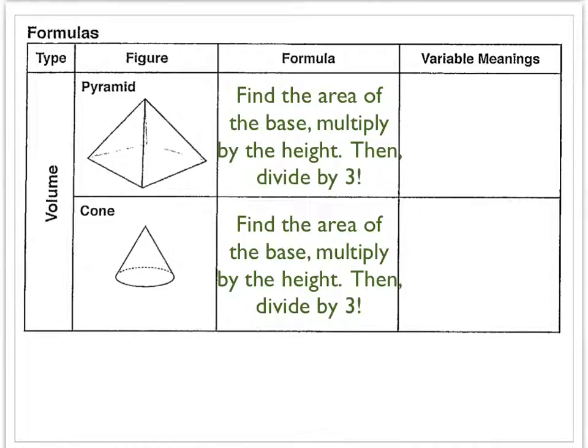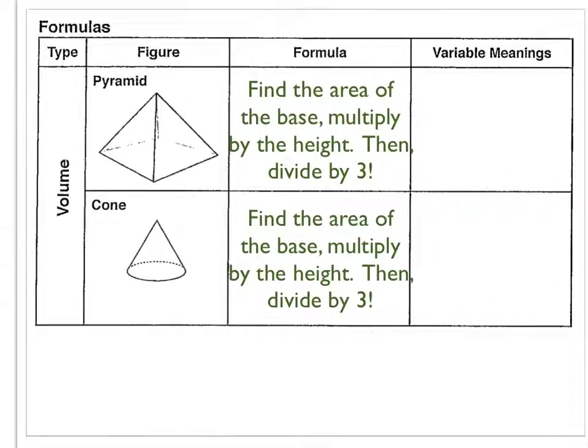So here we go. It's the same idea, and I'd be happy to explain where this idea comes from on Tuesday. I'm not going to get into it today. Same thing as before with one exception. You're going to find the area of the base, just like with prisms and cylinders, and you're going to multiply by the height. The only difference is you then divide by 3.